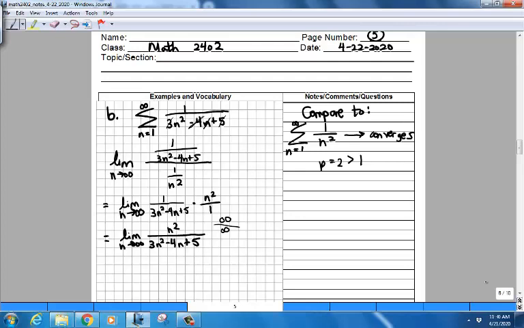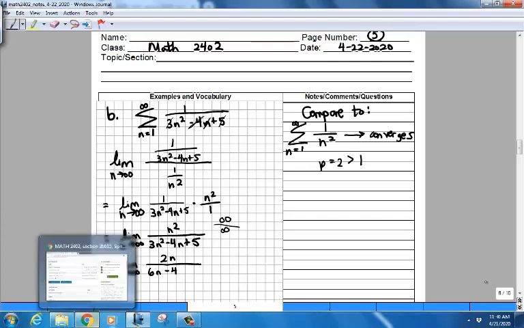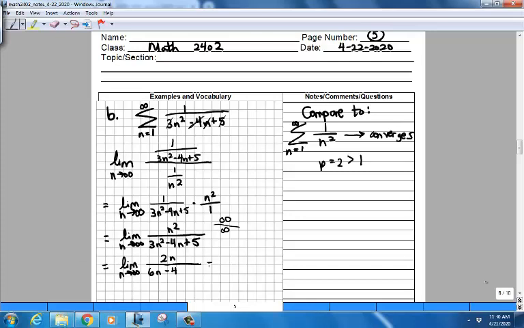So you can apply L'Hopital's rule here, and actually I think you have to apply it twice in this problem, because if you take the derivative of the numerator and the denominator, you get first this quotient, and then you have to take the derivative again to properly finish evaluating this limit.